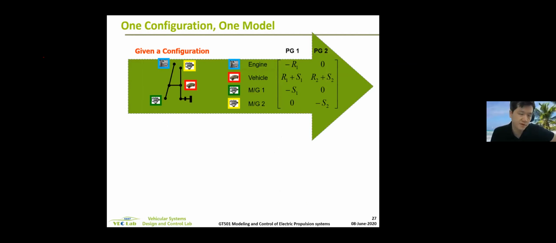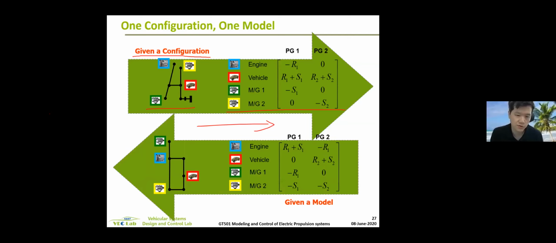Previously, when you do research, you start with a given configuration, given architecture, and then you draw a lever diagram, and then you derive the model, right? So it was this process.